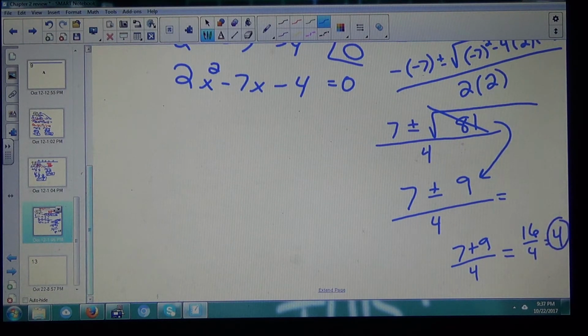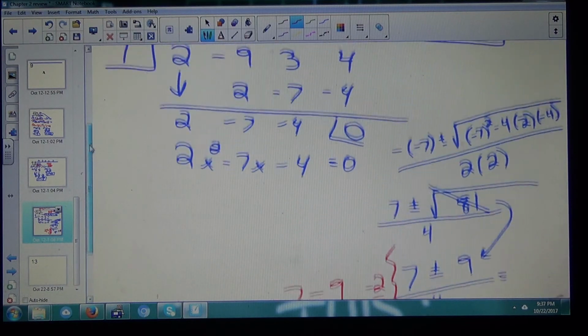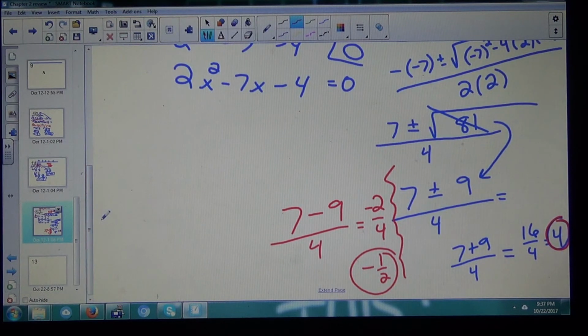So 4 is one answer. What would my other answer be? It'd be 7 minus 9 divided by 4. So that would be a negative 2 over 4, which gives me a negative half. So negative half is an answer, 4 is an answer, and my third answer would have been 1. So x equals 1 is the third.